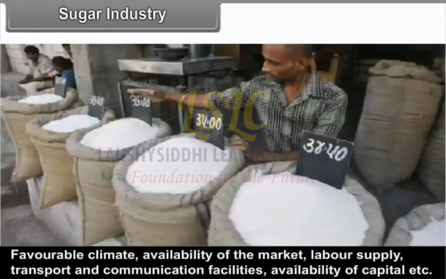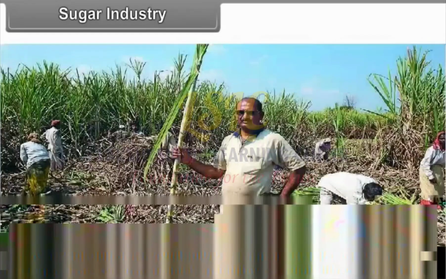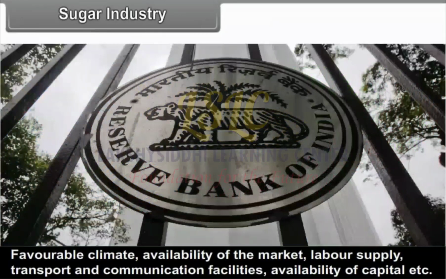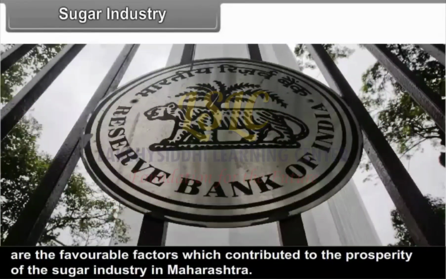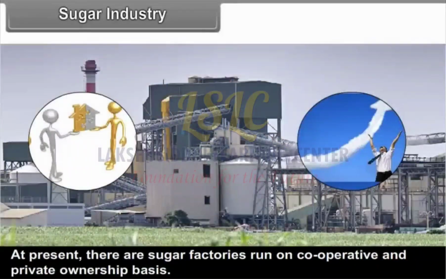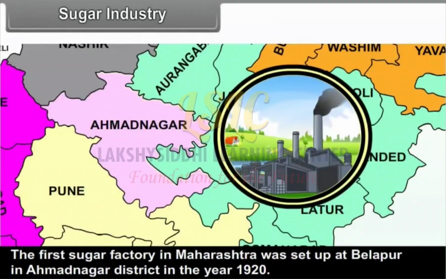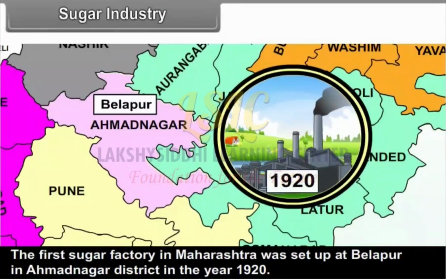Favorable climate, availability of the market, labor supply, transport and communication facilities, availability of capital, etc. are the favorable factors which contributed to the prosperity of the sugar industry in Maharashtra. At present, there are sugar factories run on cooperative and private ownership basis. The first sugar factory in Maharashtra was set up at Belapur in Ahmednagar district in the year 1920.